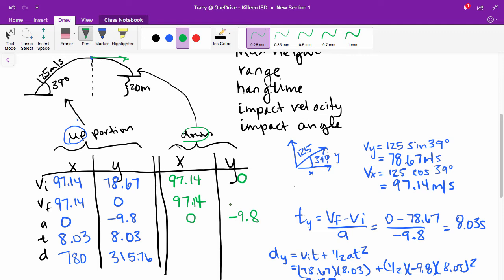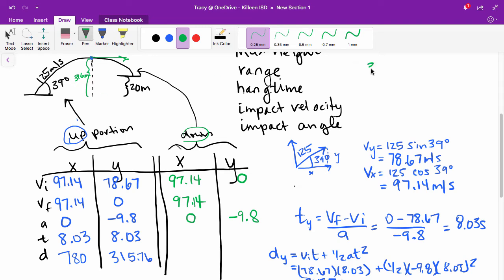We don't know the final y. But we also know something about the distance. We just have to think about it. So this distance here, the height was 316 meters. Now this said that it's going to land 20 meters higher than where it launched.